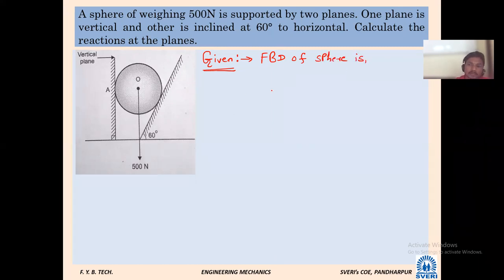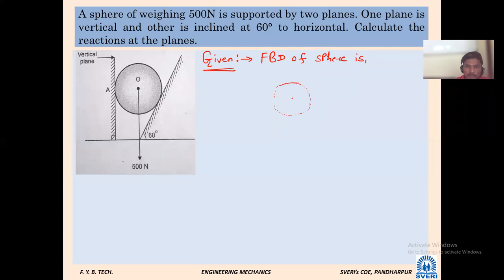What is free body diagram? Body with what? Whether we have to show support here? Is it necessary to show supports? No, we are not necessary. Then what we have to show? Forces.